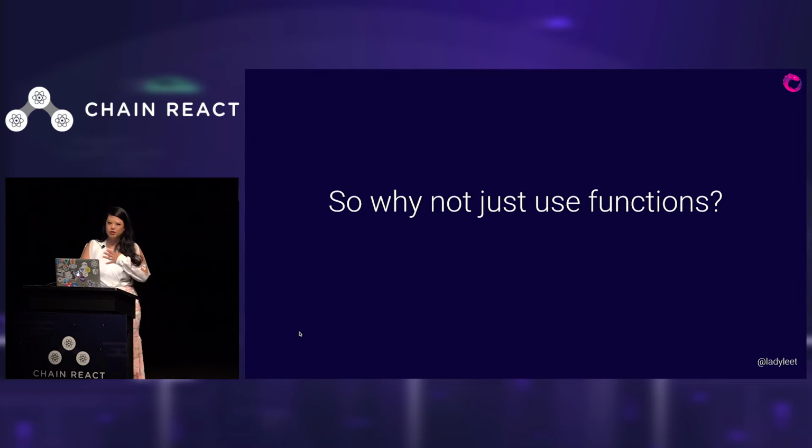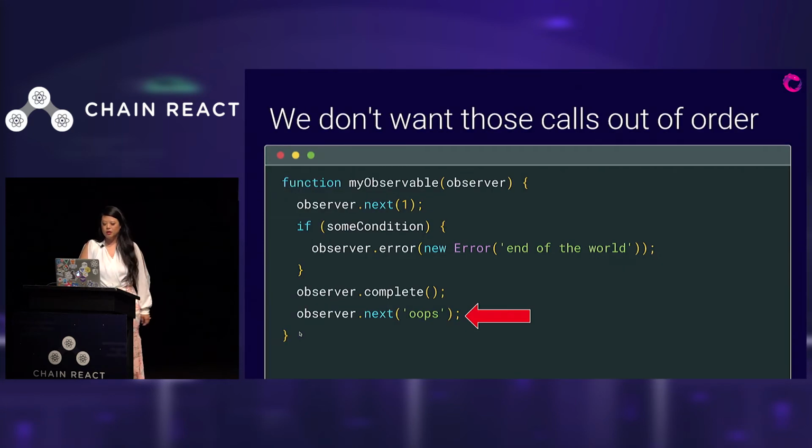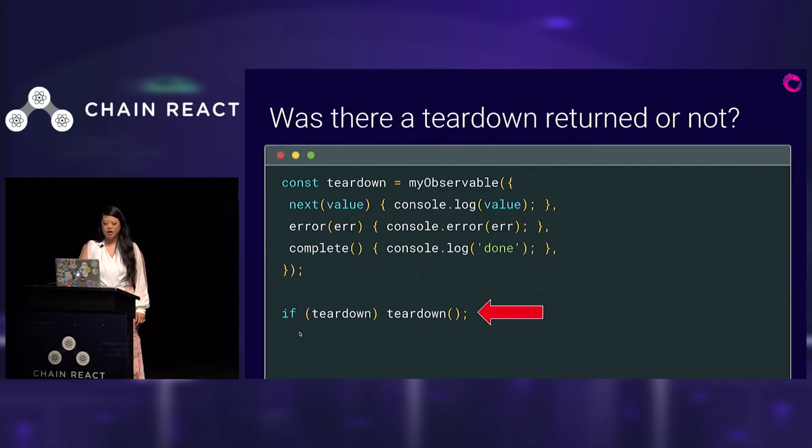In my opinion, it makes your life a lot easier. For example, with functions, you might accidentally call methods out of order. You never want to call a next after a complete, but observables will protect you from things like this. Also, if you're just using functions, you'll always have to check if there is a teardown returned or not.